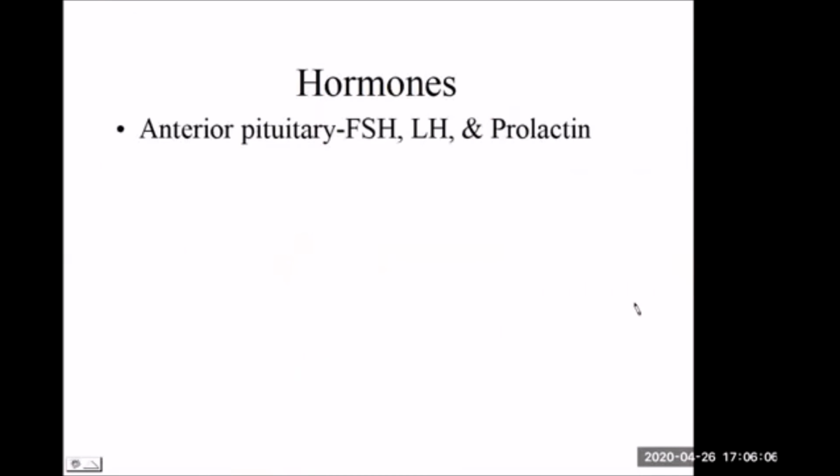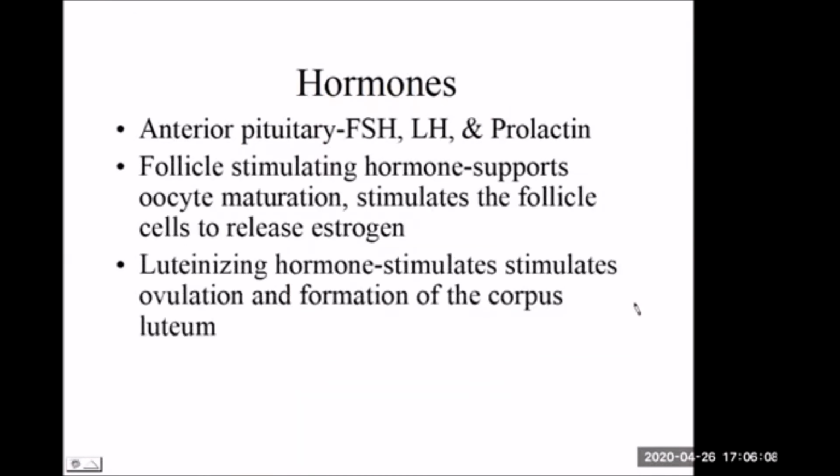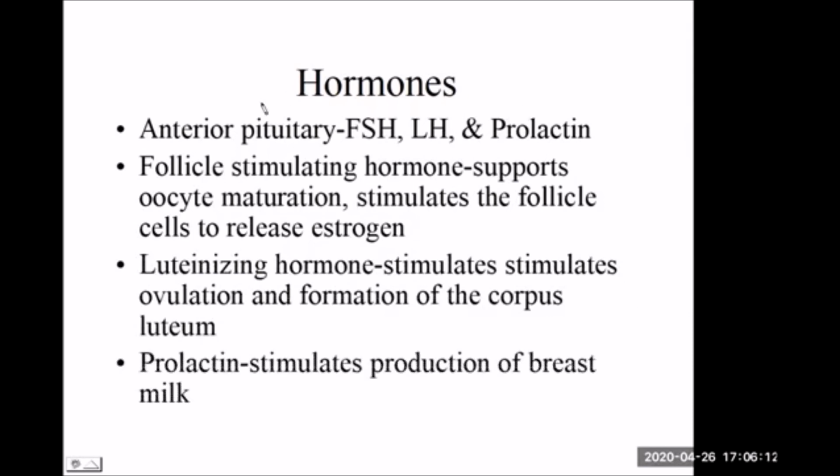Taking a look at the hormonal section, and similar to the male section, there'll be a chart. So again, from the brain, from the pituitary gland, FSH, LH, now we're pointing out prolactin. So follicle stimulating hormone in the female body, the effect, of course, is leading to the growth of the follicle stages and thus the maturation of the oocyte.